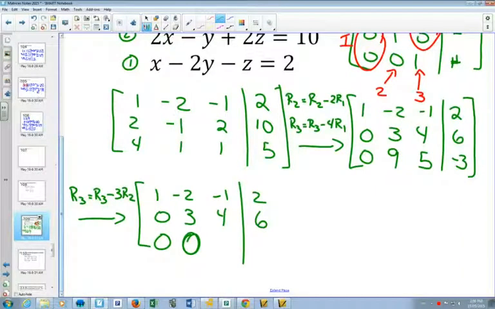Because the 0 minus 0 will still give me the 0 in the bottom left-hand corner. Now 9 minus 9 will be 0 here. And 5 minus 12 will be negative 7. And negative 3 minus 18 will give us negative 21.